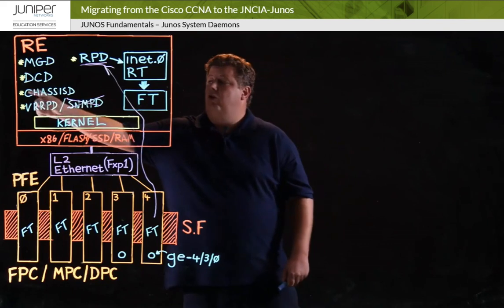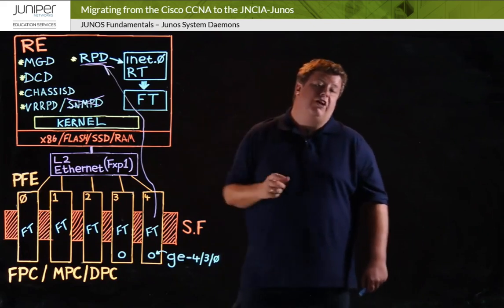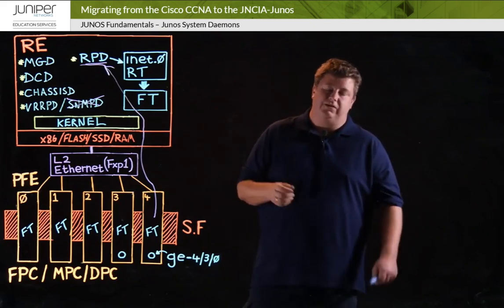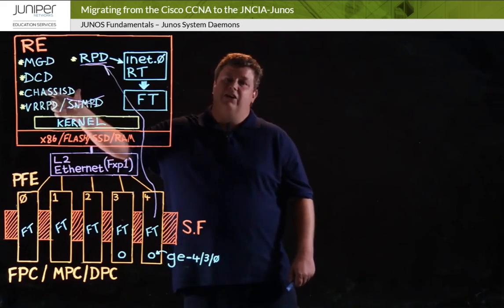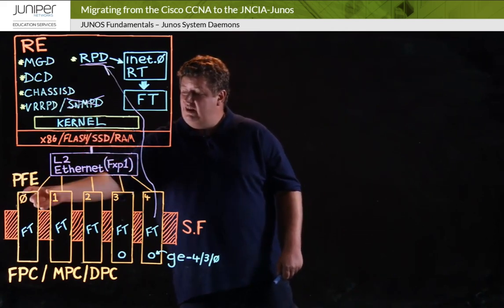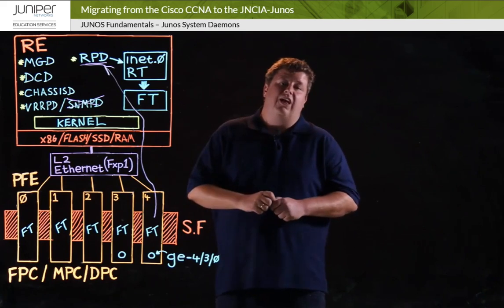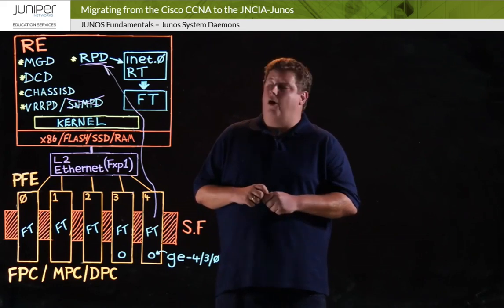That's Chassis D's role. So, we're inserting a new line card in the system, or we're powering on or off an FPC, a line card, or an MPC, whatever the line card term we're using. It's Chassis D that manages that process for us. Chassis D makes the connection across the internal Ethernet switch to each of those line cards that allows the RE to program and control that line card within the box.